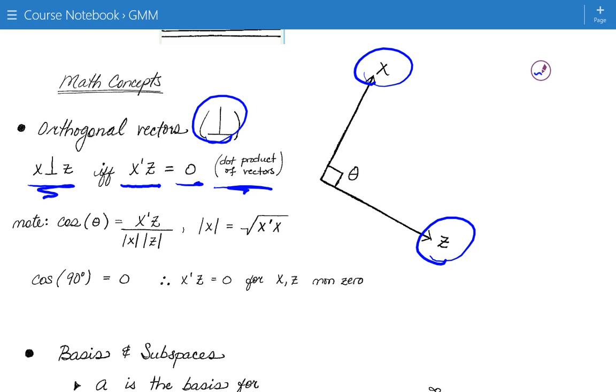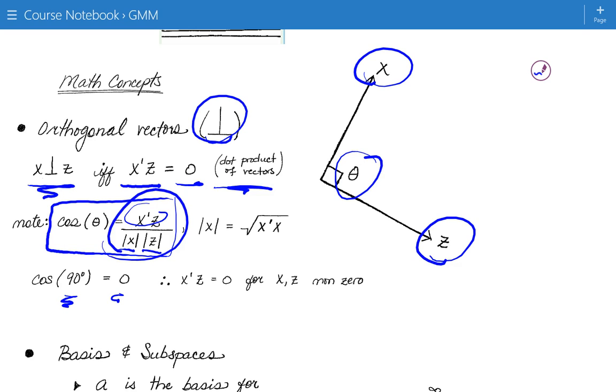So to see that this would be the case, also notice that the definition of the cosine of the angle between vectors is the dot product of x and z divided by the length of x and z. Well, the cosine of 90 degrees, if you look it up, is equal to 0.